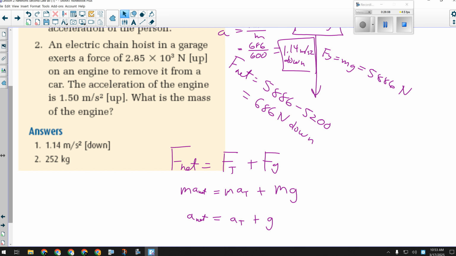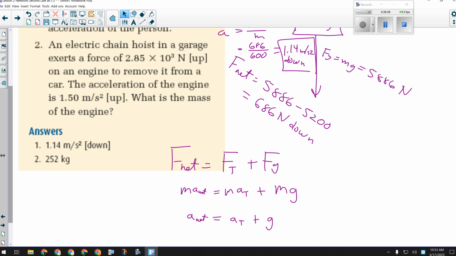All vector quantities are added in the same way, so that should make sense. Whatever the accelerations would be added together would be the net acceleration. Everybody all right with that idea? That's going to help us to solve question number 2.